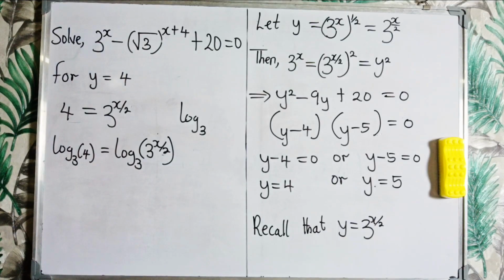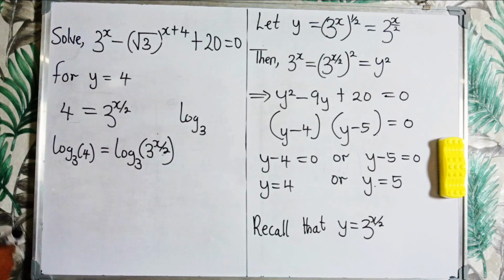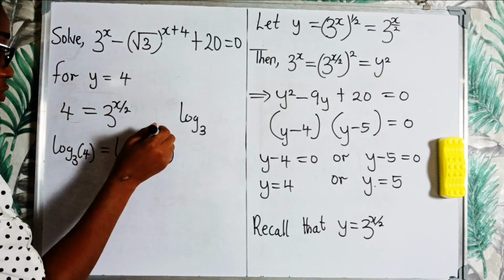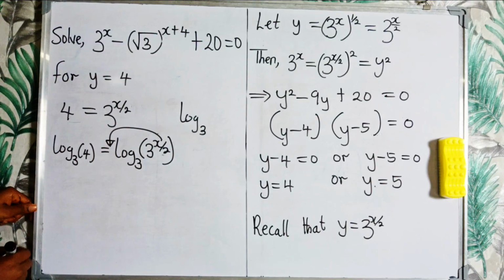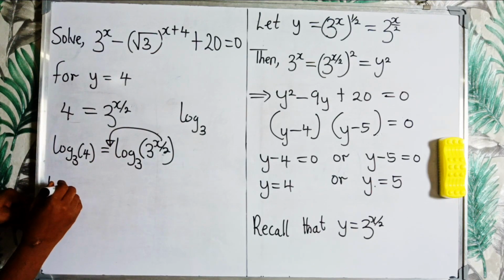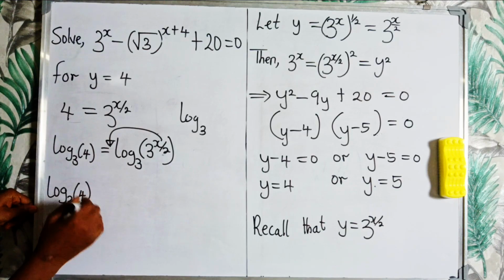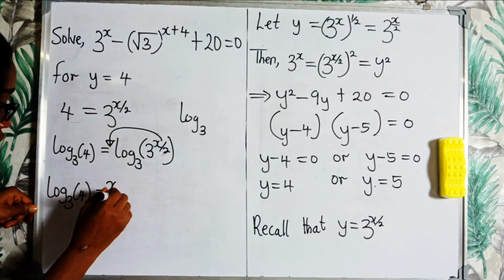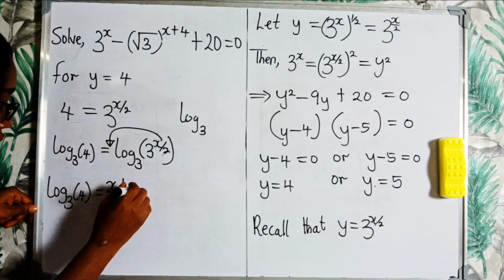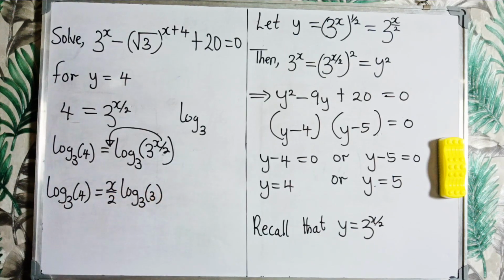Whenever you have an exponent in your logarithm, you are allowed to move it over here. So we have log base 3 of 4 equal to x over 2 times log base 3 of 3.